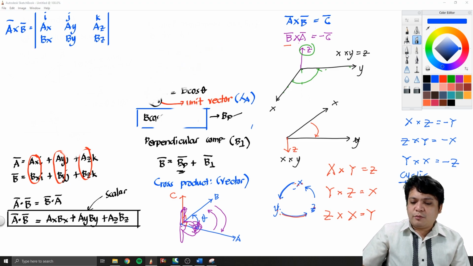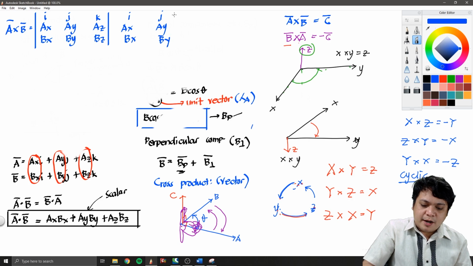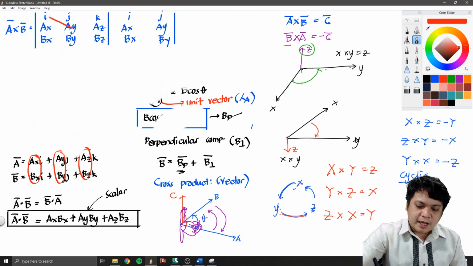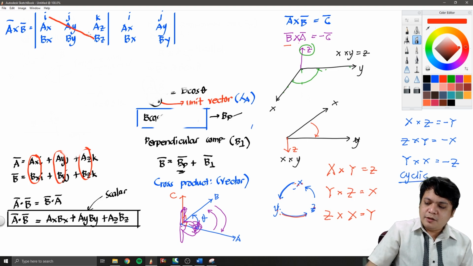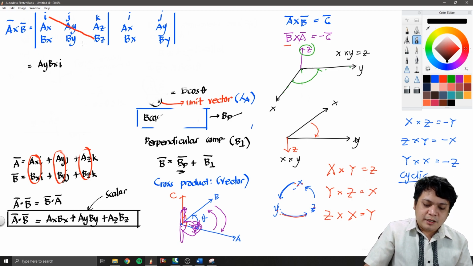Okay? What we do is, inuulit natin yung dalawa, no? So, we will be having here I and then J. So, AX and then AY. So, yung first two columns, uulitin natin. So, you have here the BX and then you have here the BY. Okay? And then, what we do is, we try to multiply this term. So, you will be having here as AY BZ of I. Okay?